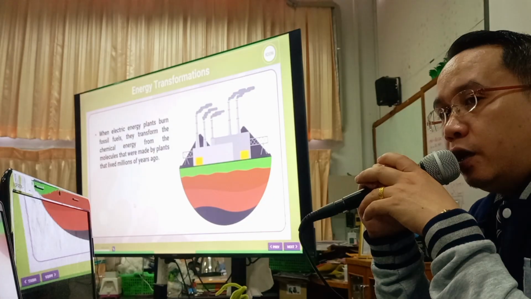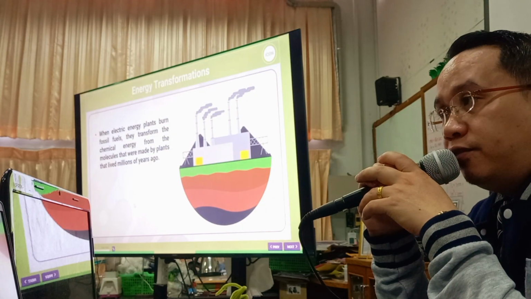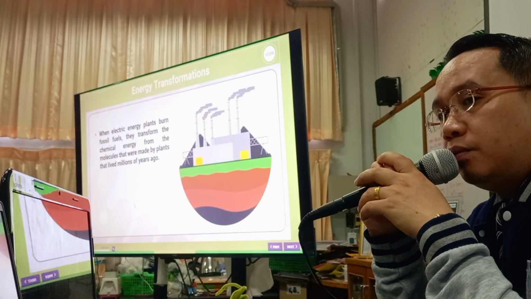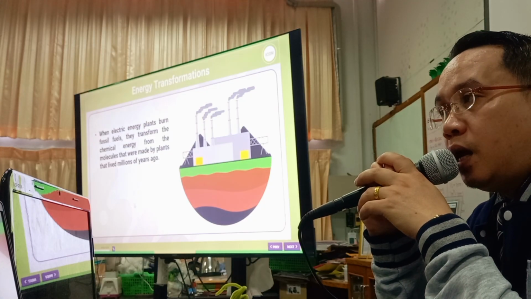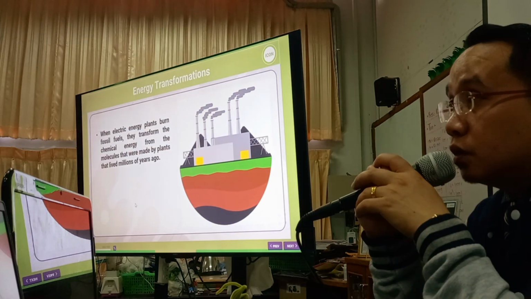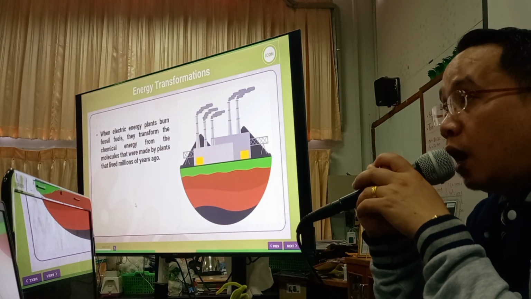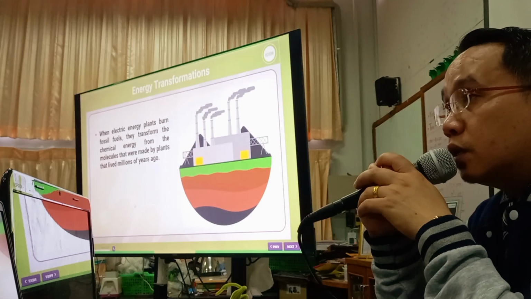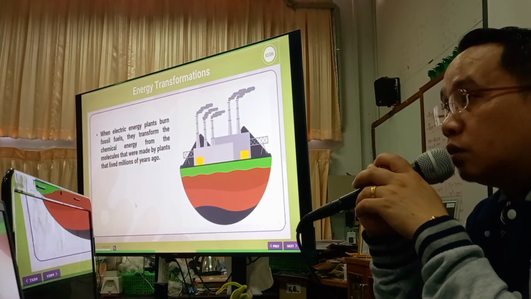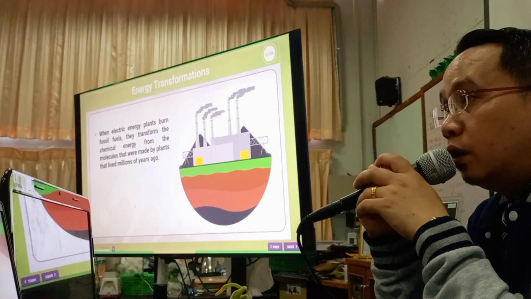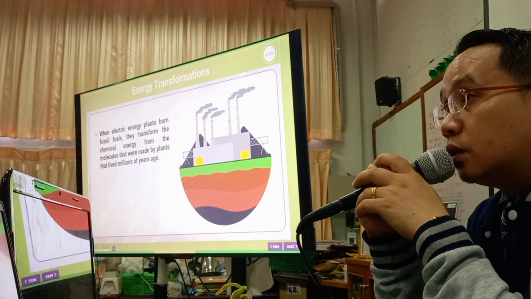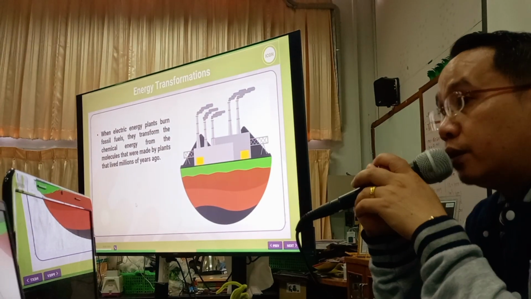Next one. When electric energy plants burn fossil fuels, we transform the chemical energy from molecules that were made by plants that lived millions of years ago. You may wonder how fossil fuels are drilled, through underground mining or drilling, to get the source of fuel underground.